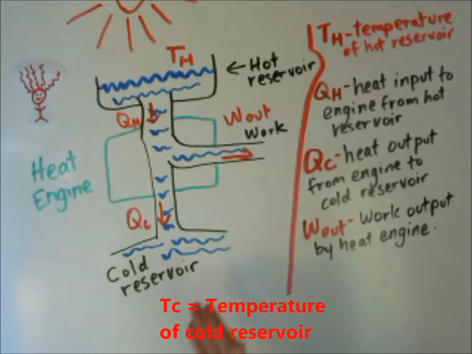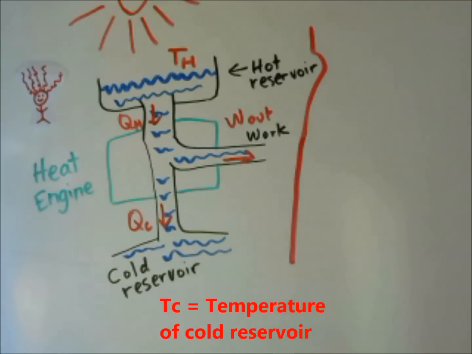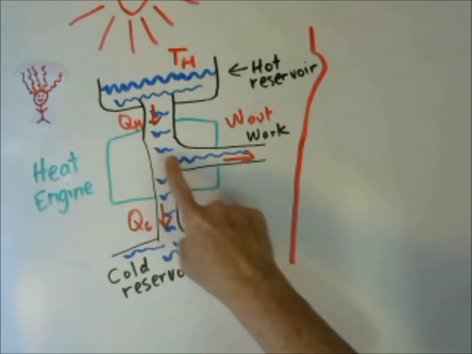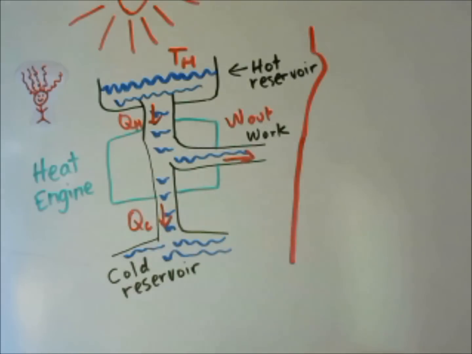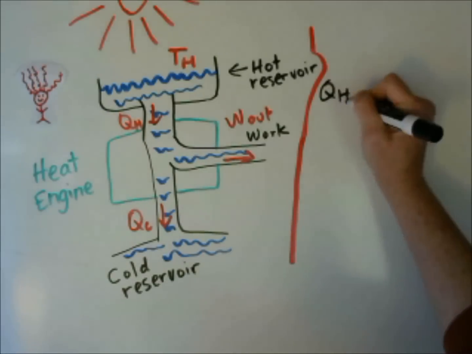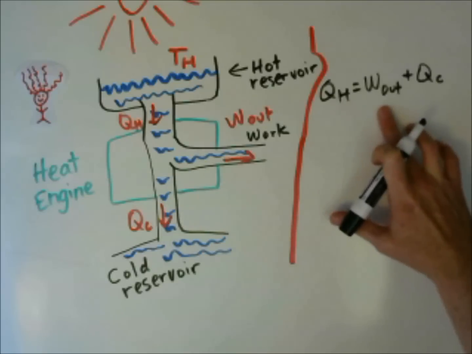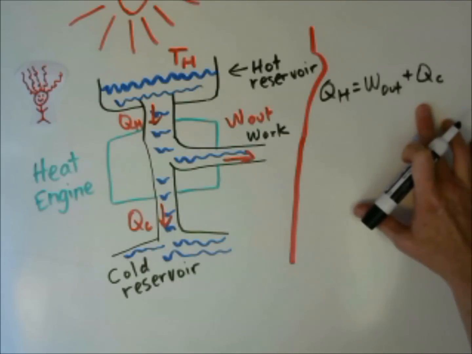Let's look at how all of these variables are related, how they depend on one another. If we assume that no energy is lost, then that means the heat that comes in has to go into either work out or heat output. The heat input to the engine equals the work out plus the heat output.